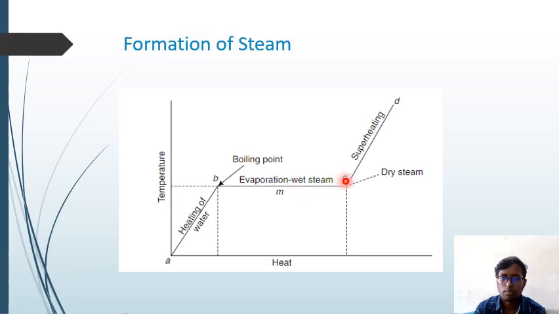Still, by increasing heat energy, the temperature also increases and the pressure also increases, which is called the superheating condition of water. We can notice that above this saturation line, it is called dry steam, where the C to D point is called the superheating temperature of the water.